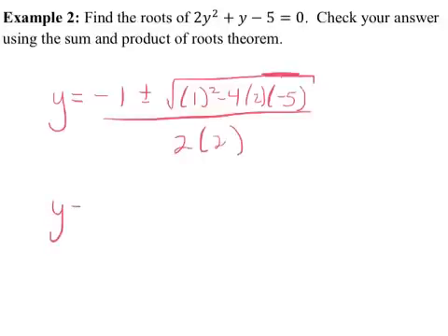What this will give us for the roots is negative 1 plus or minus root 41, all over 4. Alright, well, these are our roots right here.